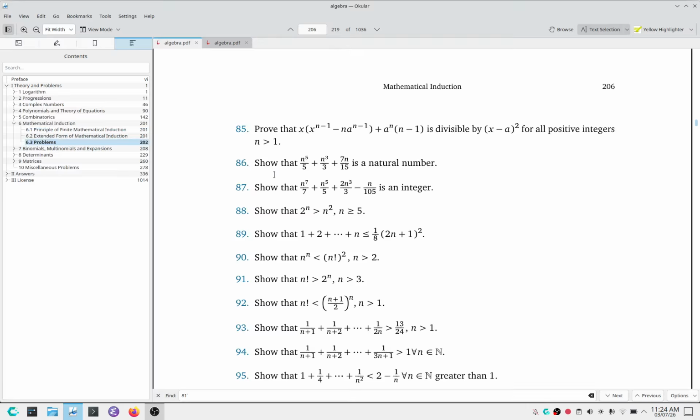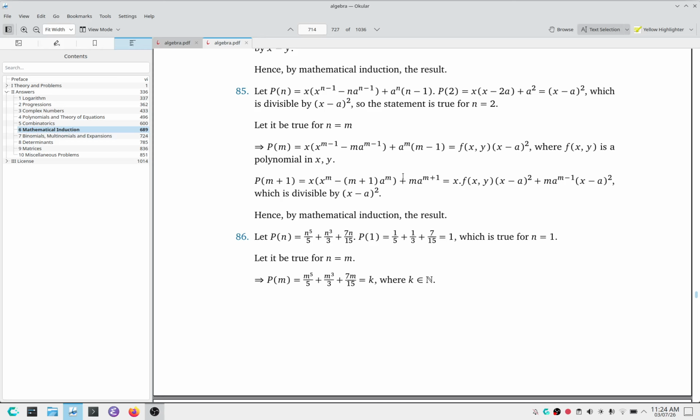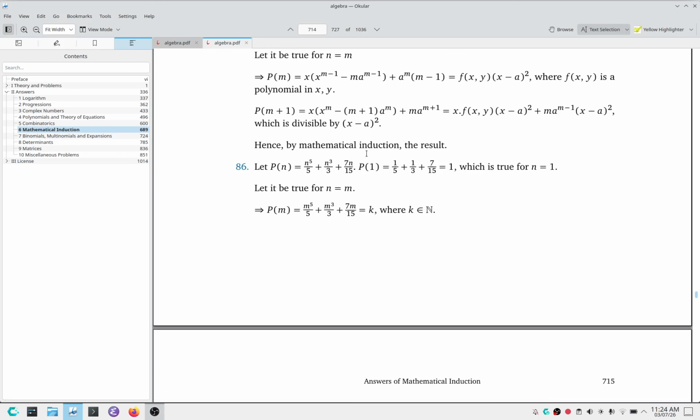Question 86 says that show that n raised to the power 5 over 5 plus n raised to the power 3 over 3 plus 7n over 15 is a natural number. So put n is equal to 1, we get the sum as 1, so it is true for n is equal to 1. We let it be true for n is equal to m.